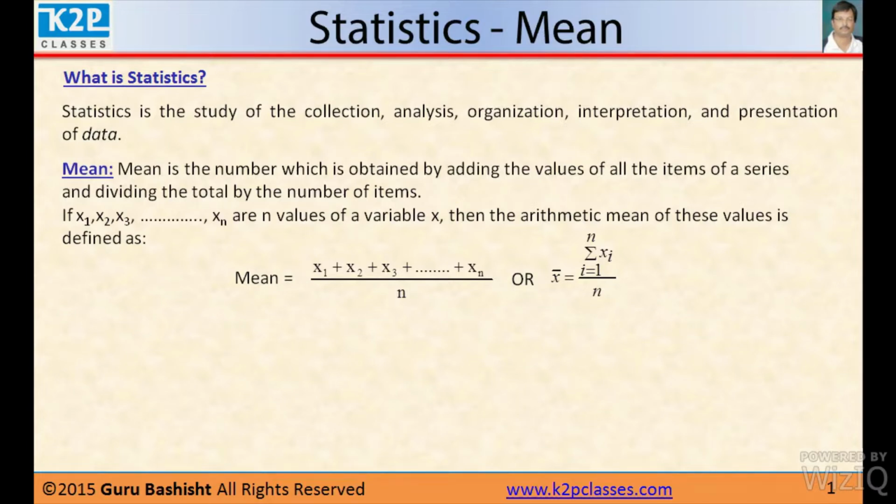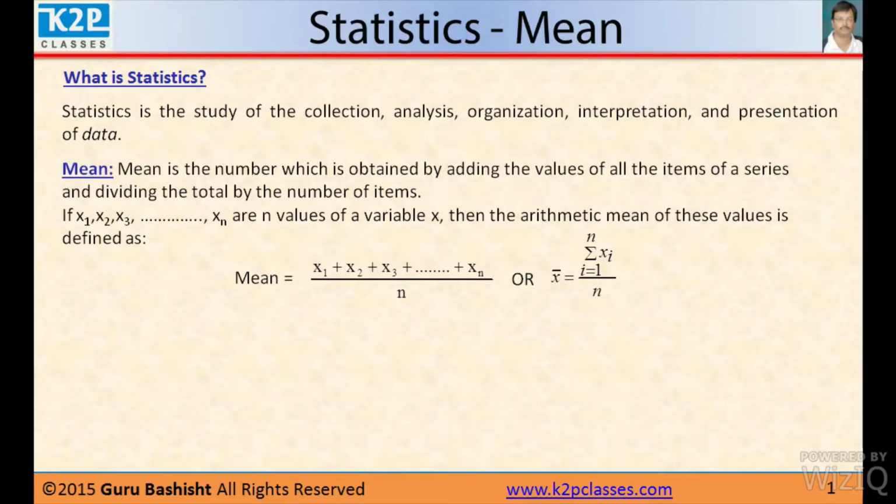If x1, x2, x3, ..., xn are n values of variable x, then the arithmetic mean of these values is defined as mean equal to x1 plus x2 plus x3 plus ... up to xn divided by n. Symbolically, it can be written as x bar equals sigma xi, i from 1 to n, divided by n.